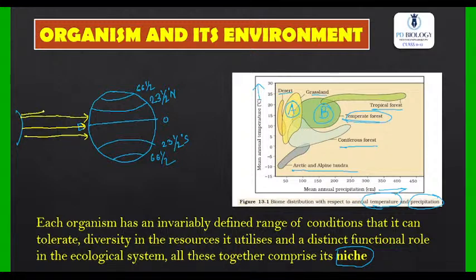And as it reaches this zone, they are not getting the direct sunlight. So these are the vertical sun rays, and these are the oblique sun rays.